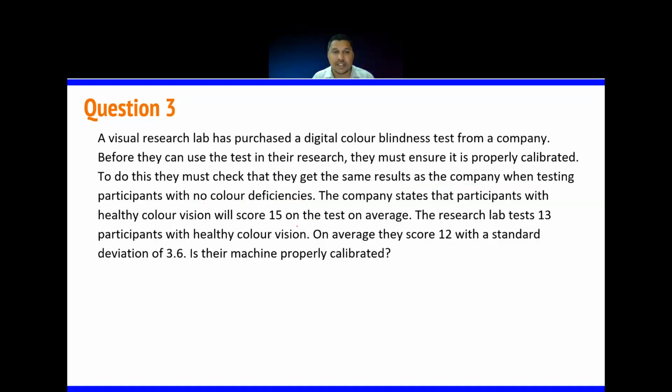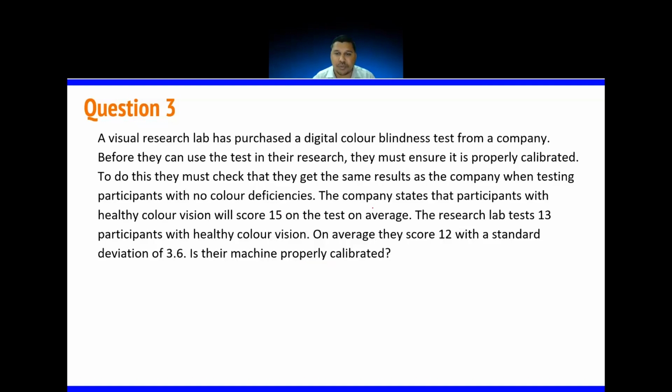Okay, let me explain this with the numerical data. They have purchased an equipment, and before they use it in the research, they want to test whether this equipment will work properly or not. So, is the machine properly calibrated or not?